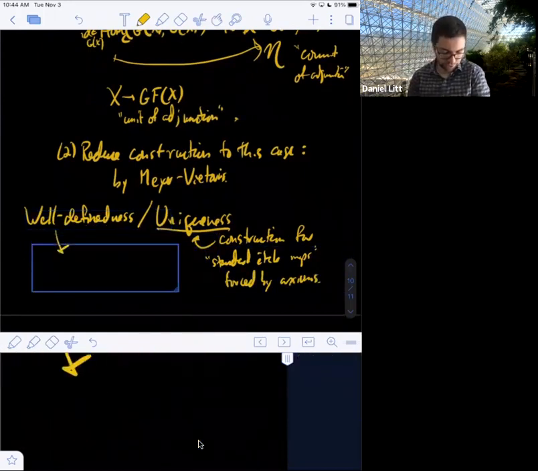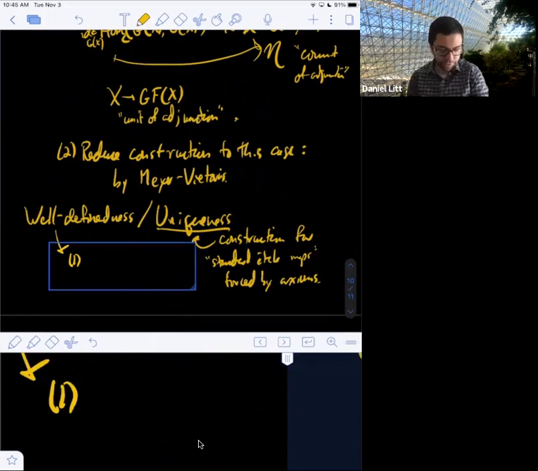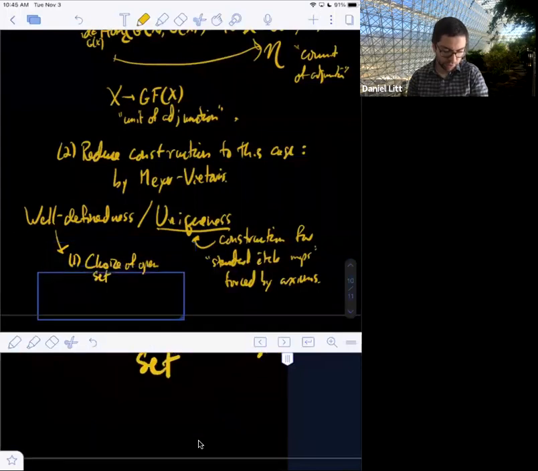So there are two choices we made when we described this trace map earlier. One of them was the choice of an open set. And the other one was the choice of Etale map.